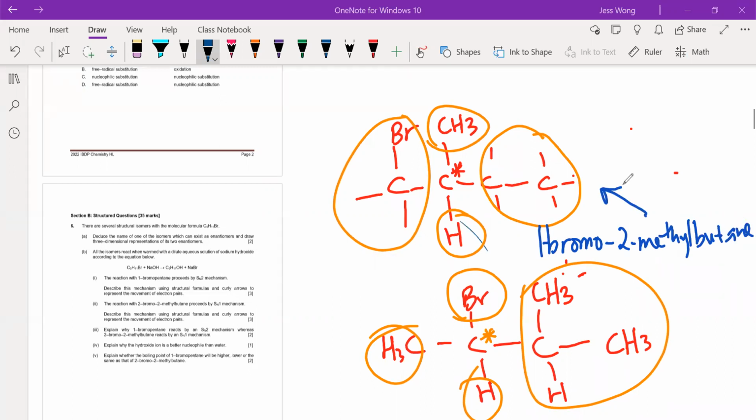If you are drawing the one below, then its name will be 2-bromo-3-methyl.